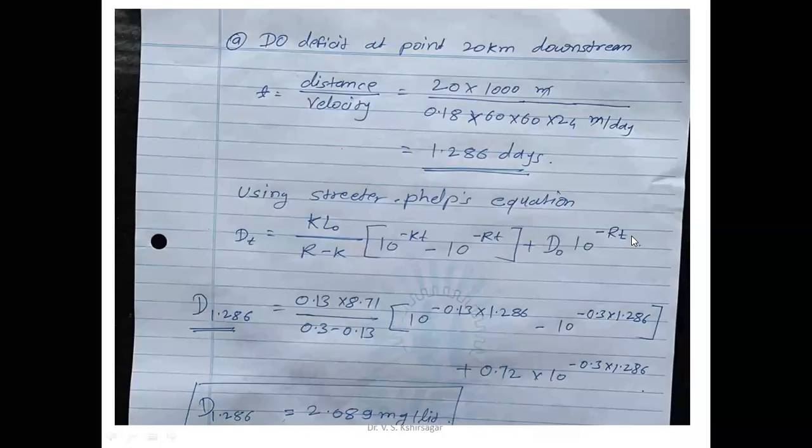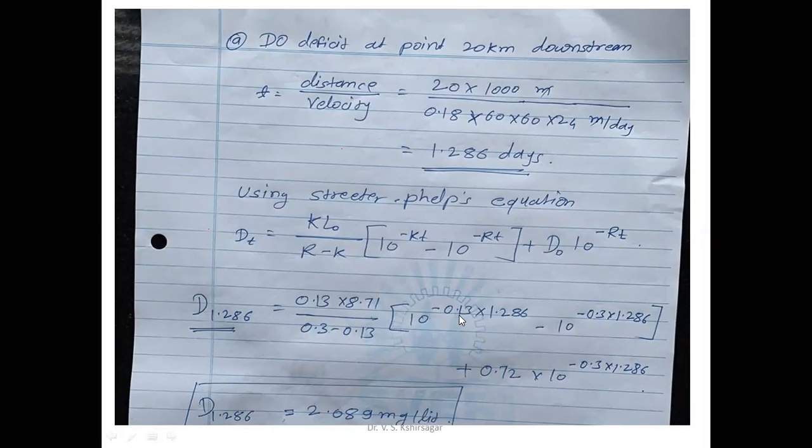Here in the form of base 10, I have written the equation. Now D_t is equal to k into L naught. k is given to you 0.13. Then L naught we have determined 8.71. Then R is given to you, rate of reoxygenation 0.3, minus rate of deoxygenation 0.13.